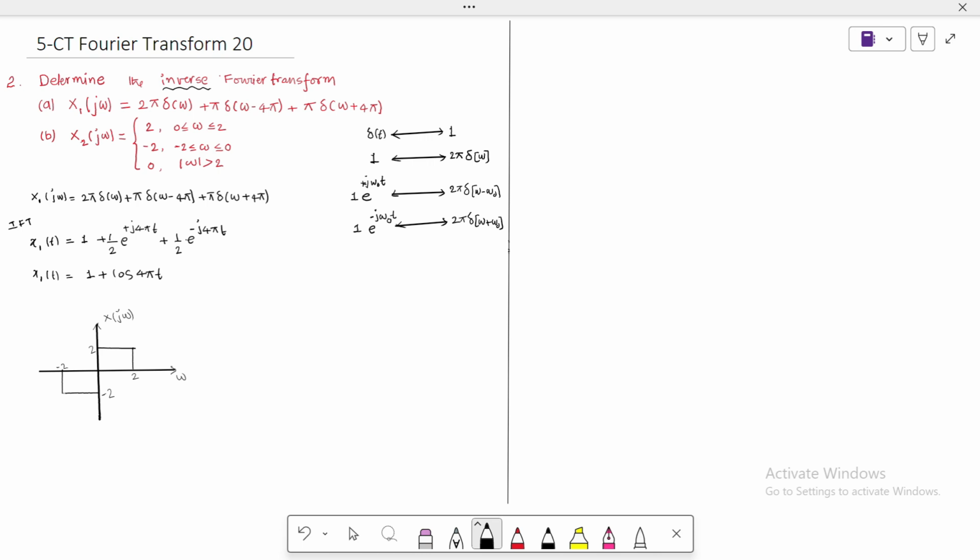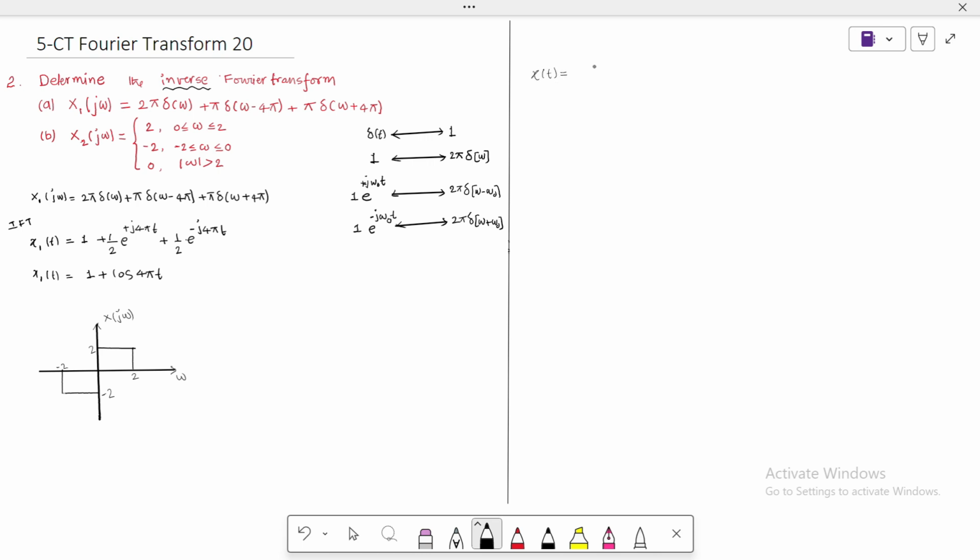Here, I would like to solve this problem by two methods. In the first method, I have to use the inverse Fourier transform formula that you know very well. That is x of t.